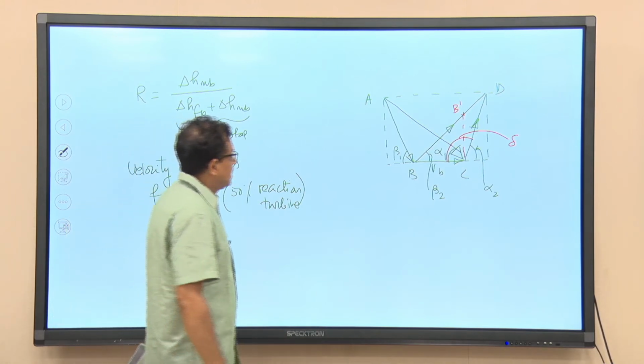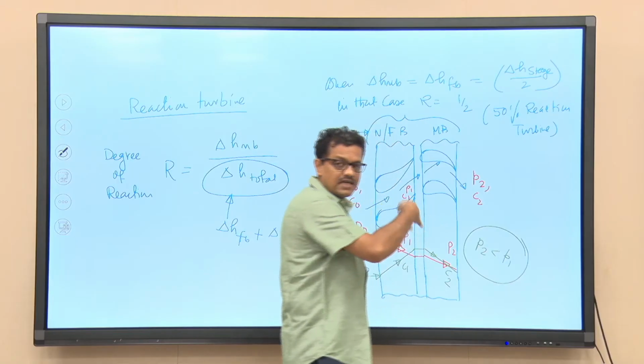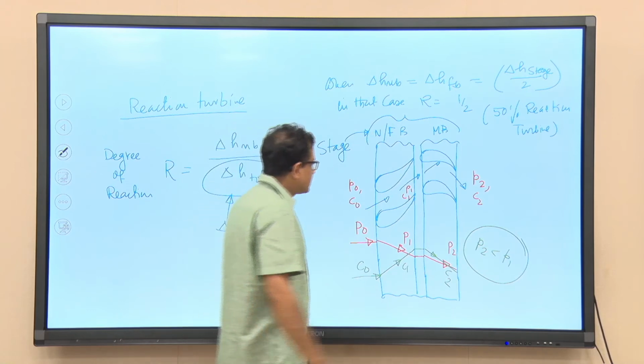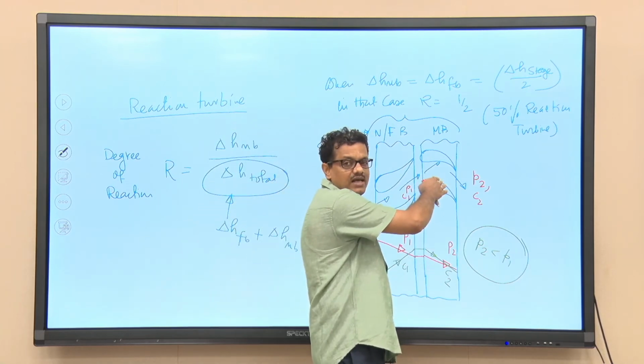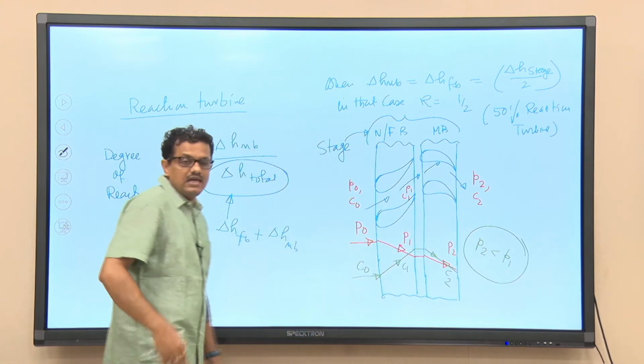See, in case of a reaction turbine, if we go back to the previous slide, as I told you, impulse action is there because of this change in momentum, as the jet is having a change in its direction.